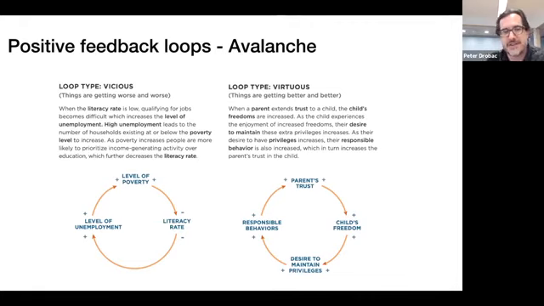Those lower levels of education will in turn make them less employable and lead to higher levels of unemployment. That obviously hurts income and leads to greater levels of poverty at a population level. So that's a vicious cycle of things getting worse and worse. But you can also see virtuous cycles of making things better and better as well.